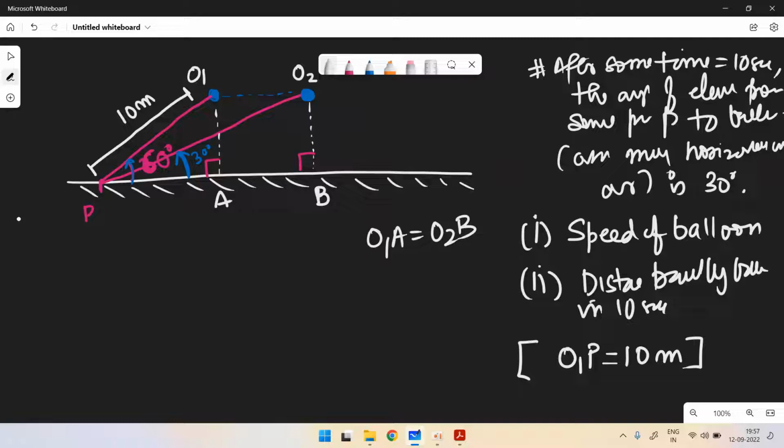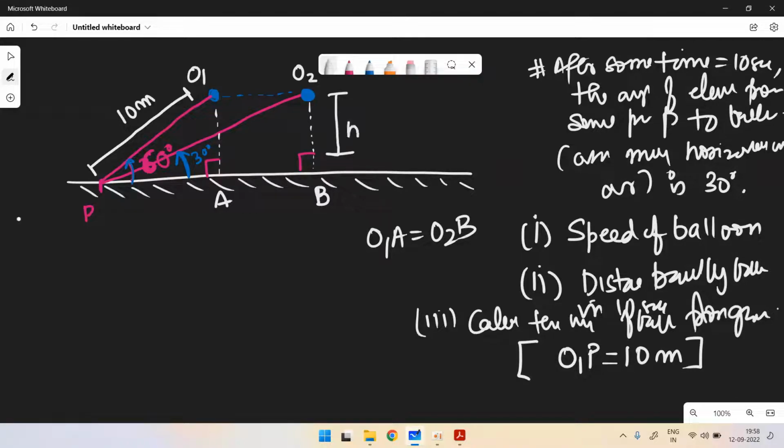And one more thing can be done: first calculate the height of the balloon from the ground. It is much simpler. So how will you do that? Suppose O1A is your height, or O1B is your height.